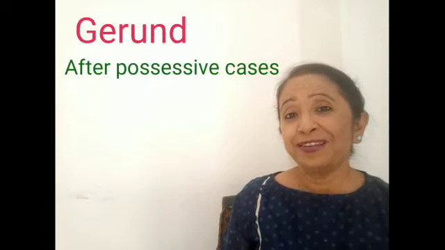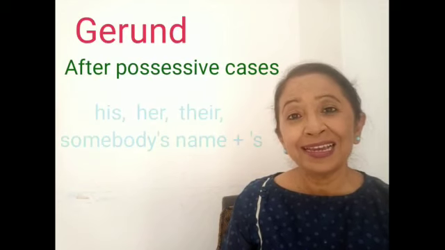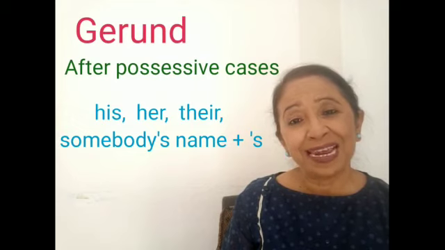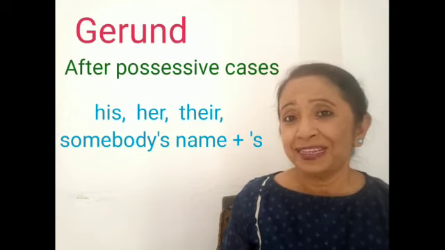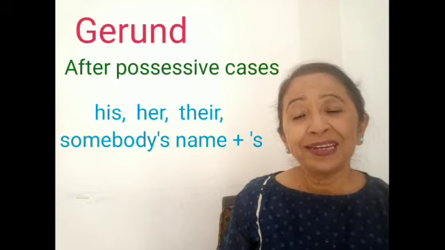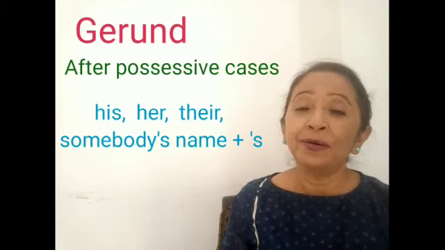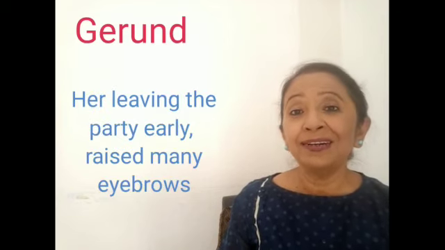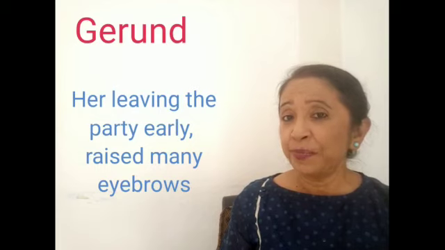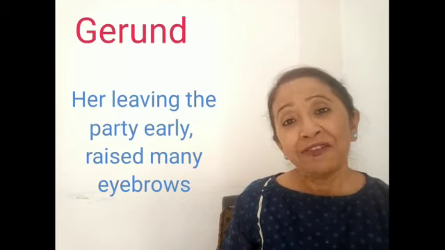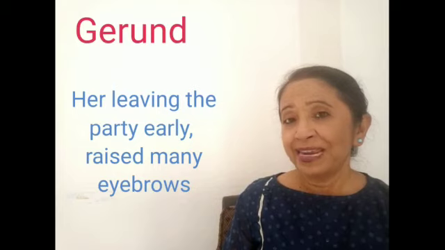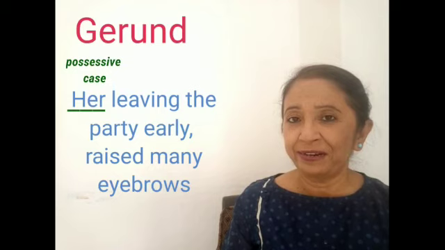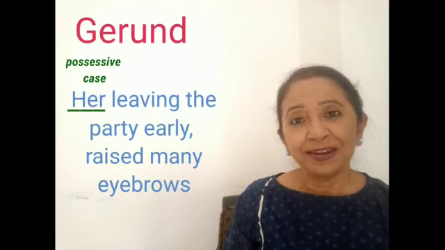Now, what about gerunds with possessive cases? We can use gerunds with possessive cases such as his, her, their, somebody's name plus apostrophe s. These are known as possessive cases. So a gerund can follow a possessive case. For example, her leaving the party early raised many eyebrows. Her is the possessive case over here, and it's followed by the gerund leaving.